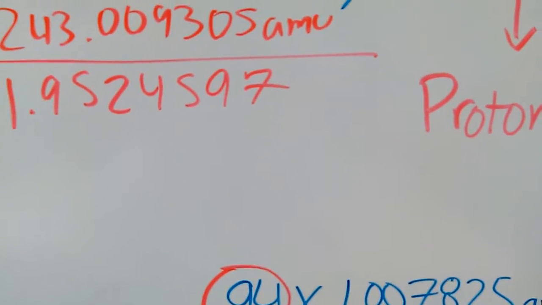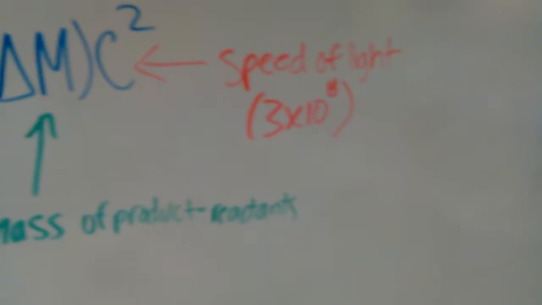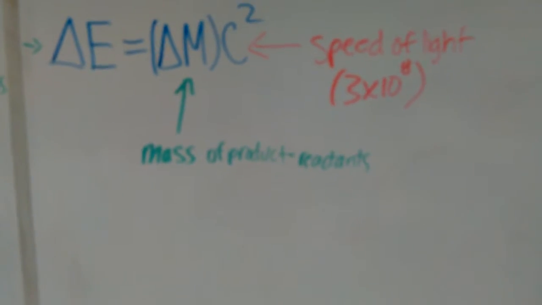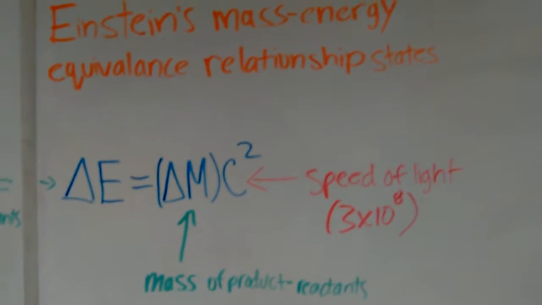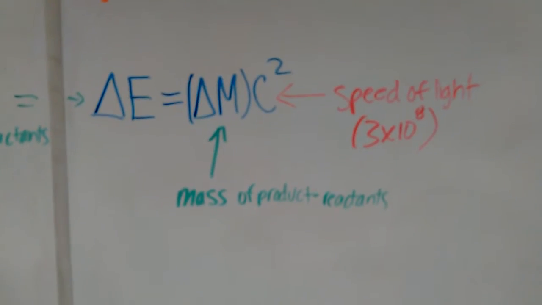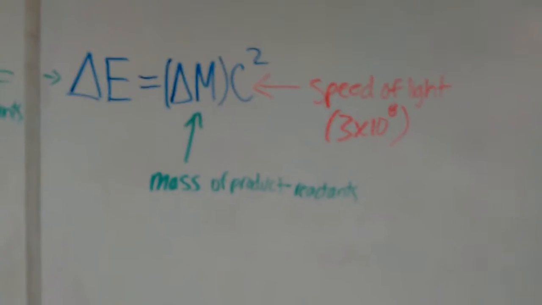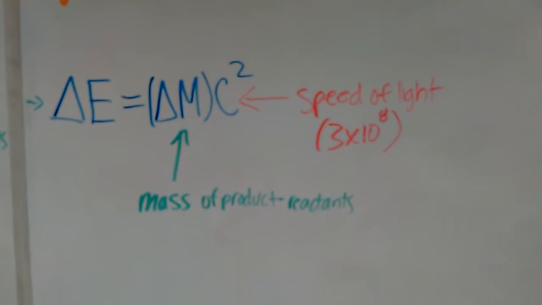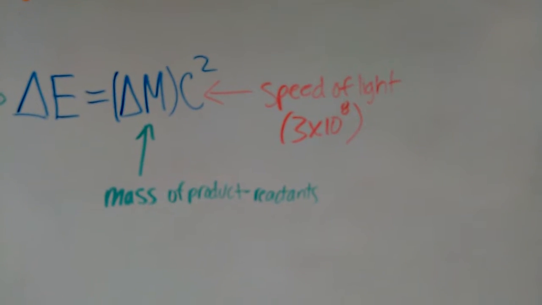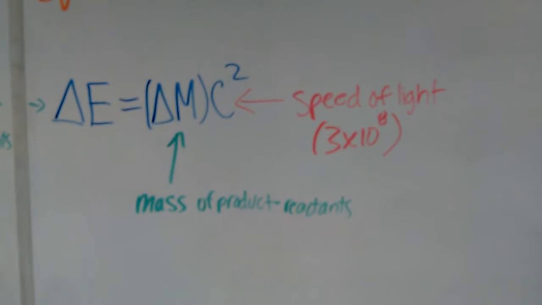With our mass defect, we're going to plug it into our equation here: E equals mc squared. As everybody knows, Einstein's mass-energy equivalence relationship states that E equals mc squared, where E is the energy, m is your mass, and c is the speed of light, which is 3 times 10 to the 8th.